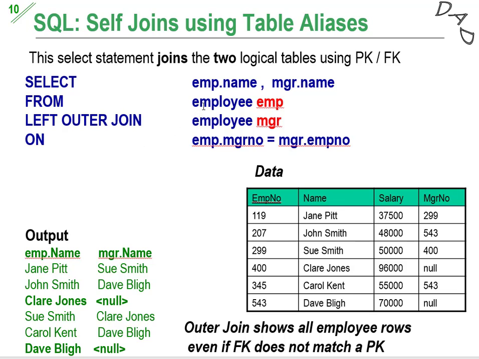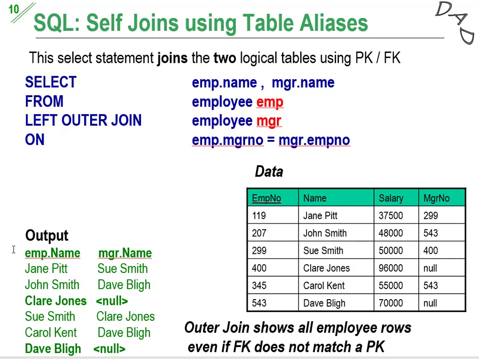My left table is the employee table, that is the first table. So I need to have all the employee names irrespective of whether they have null foreign keys, right? This is my left table, and manager is my right table. So if I use the left outer join, my left table has to be the employee table.